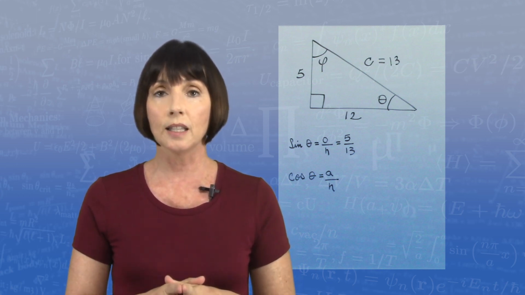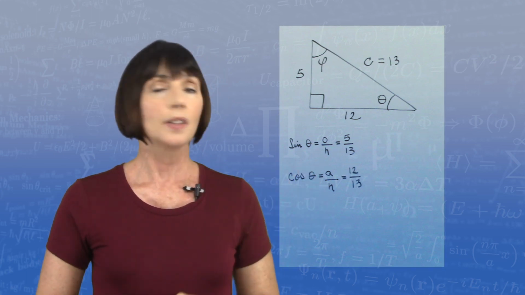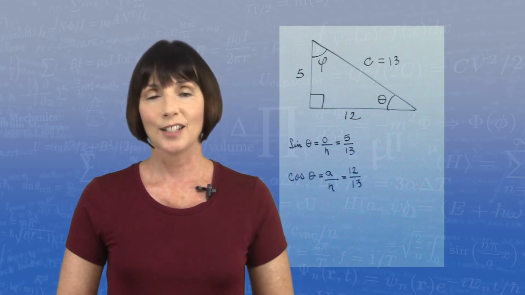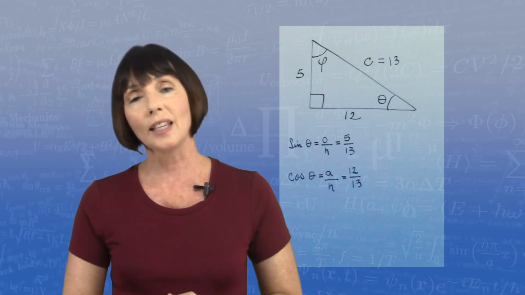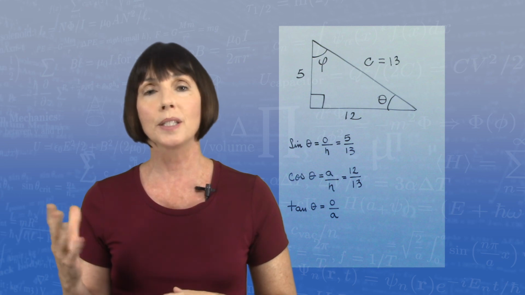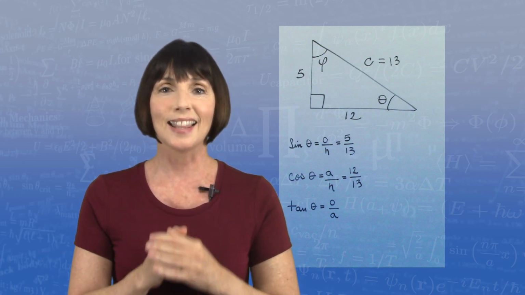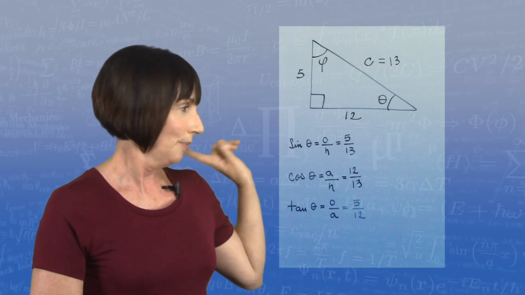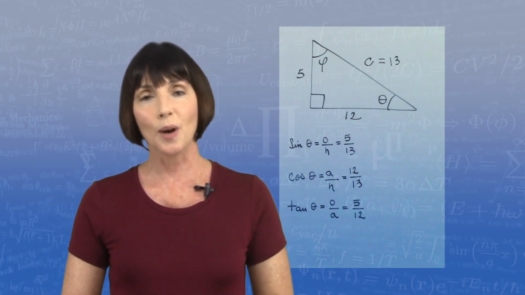So in this case, the length of the side adjacent to theta is 12, and the hypotenuse is 13. So the cosine of theta is 12 over 13. The tangent of theta is equal to the length of the side opposite divided by the length of the side adjacent. So in this case, that gives us 5 over 12. So the tangent of theta is 5 over 12.